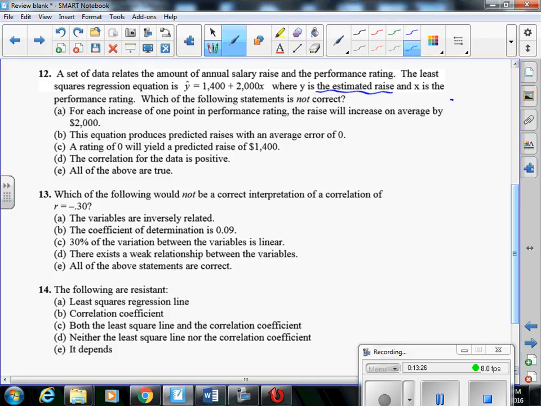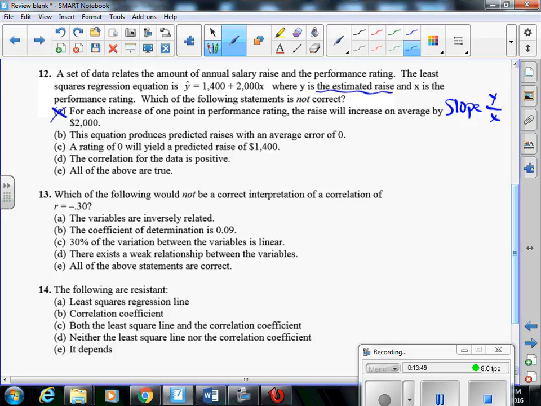They're talking about slope here, and we know that slope is y over x. I don't go one rating up, I go one rating over. I should be doing y over x, not x over y. So the problem with A is they're backwards. Okay?